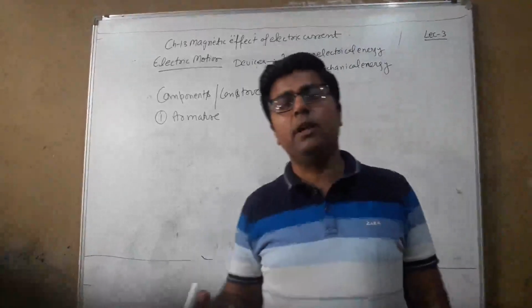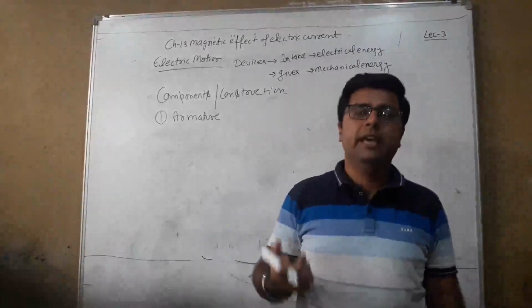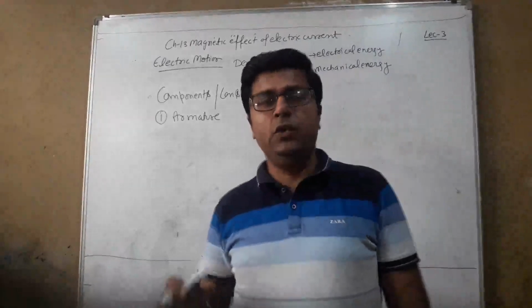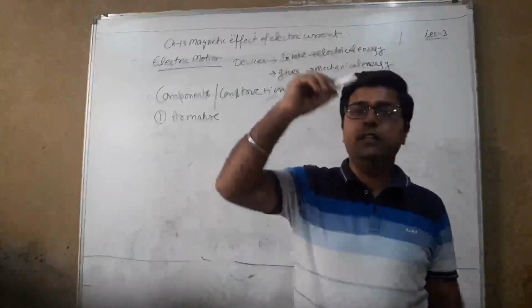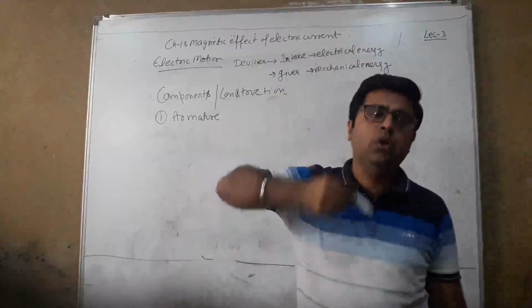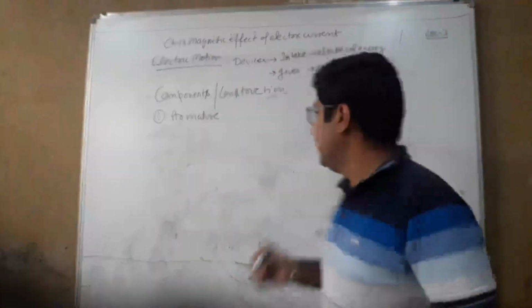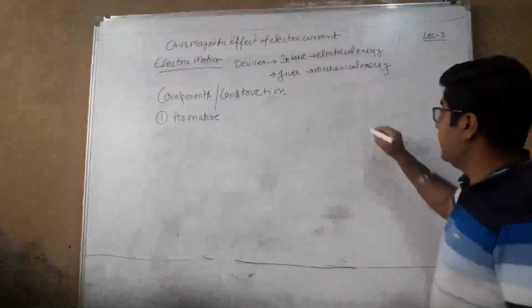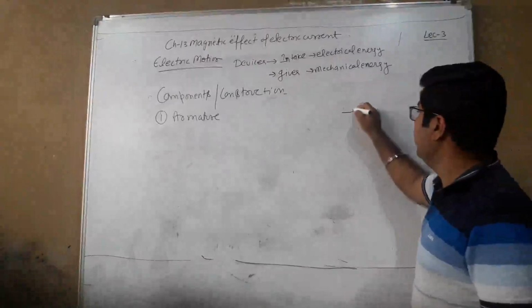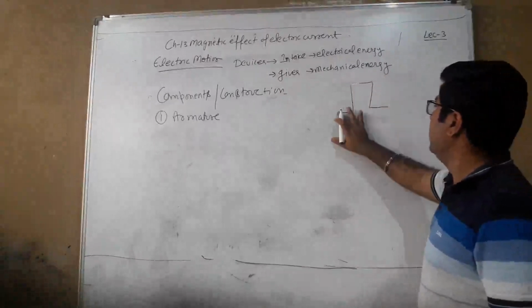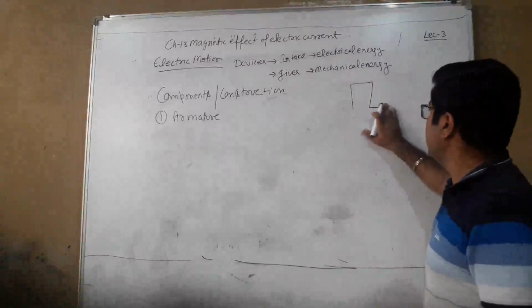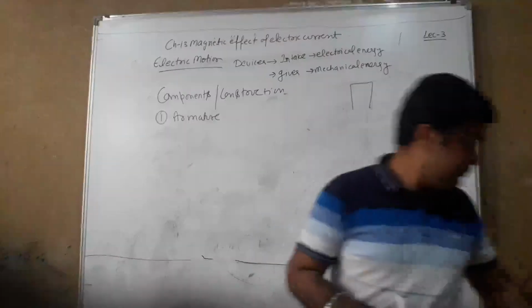It may be of copper or it may be of anything else, any conducting wire basically, and these are wound on a conducting body. Here we have such a type of armature.